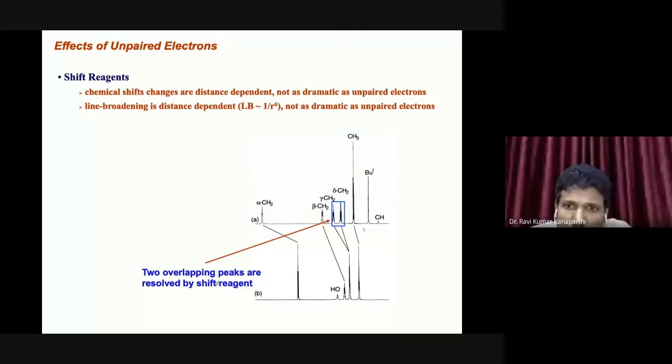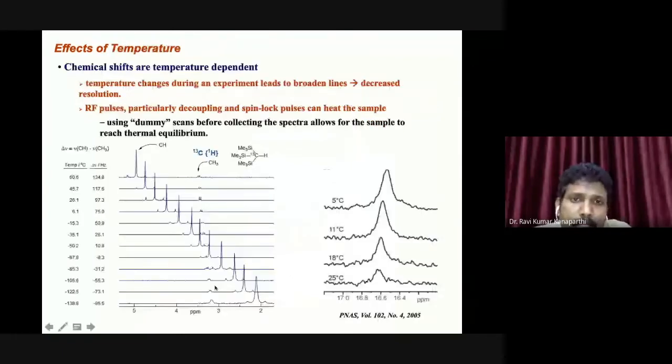As I told you, when you add them to organic compounds, they chelate with the nitrogen or oxygen present in our organic compound, and as a result the peaks are well resolved because they resonate at a higher chemical shift, higher frequency. But the problem is that the peak is going to be much broader.